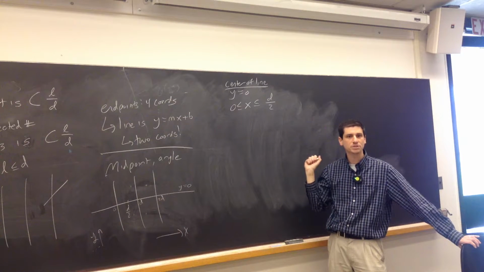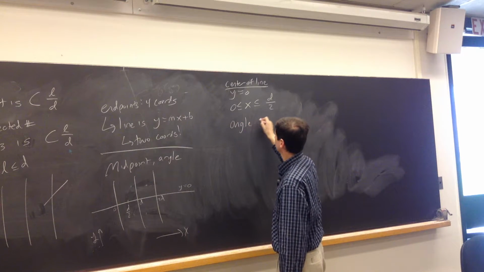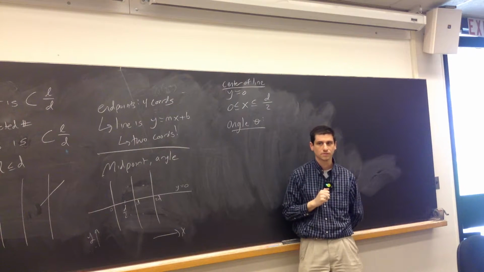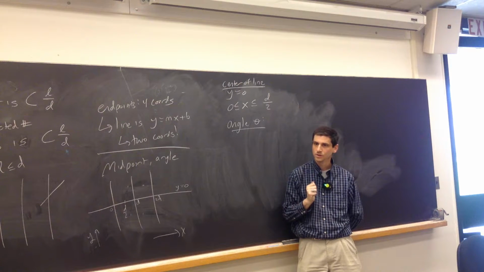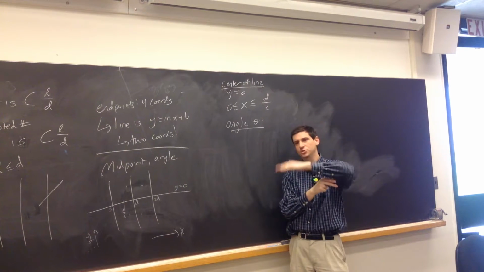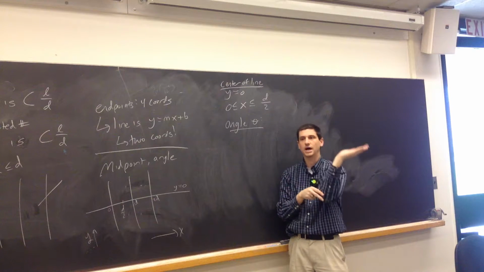What can you tell me about possible values of the angle? It has to be between pi over 2 and 3 pi over 2, because if it goes this way, that's the same as it going this way. Instead of doing pi over 2 to 3 pi over 2, people would normally do minus pi halves to pi halves, or 0 to pi.